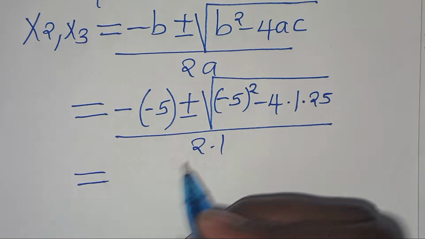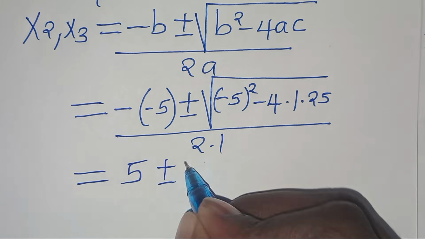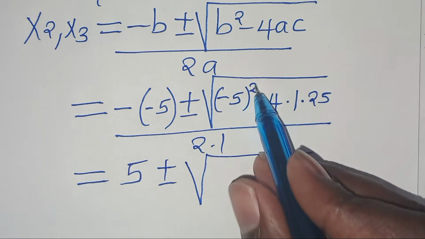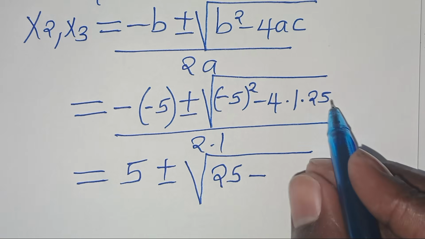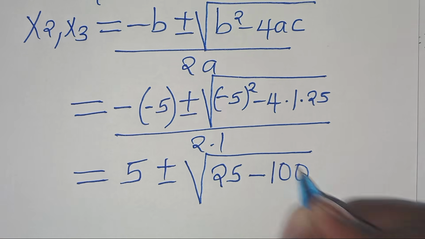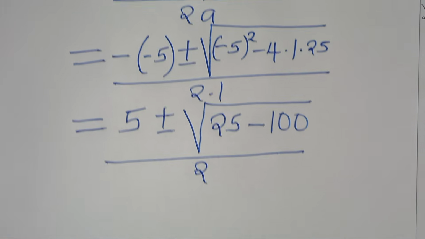So this implies we have minus times minus 5, which is 5, plus or minus the square root of negative 5 squared, which is 25, then minus 4 times 25, which is minus 100, everything divided by 2.